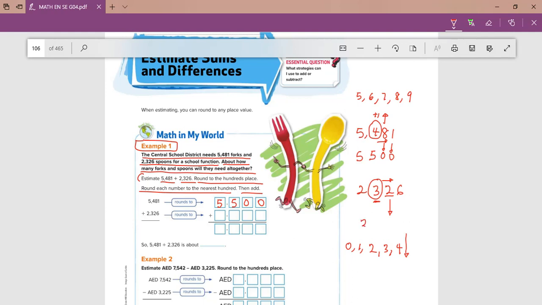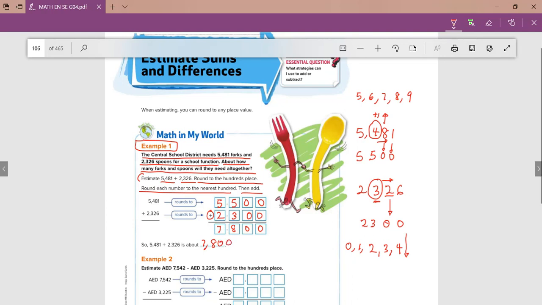So it remains 2, 3, other numbers turn to 0. So your answer is 2,300. So now we can add. 0 plus 0 is 0, 5 plus 3 is 8, and 5 plus 2 is 7. So it's about 7,800.